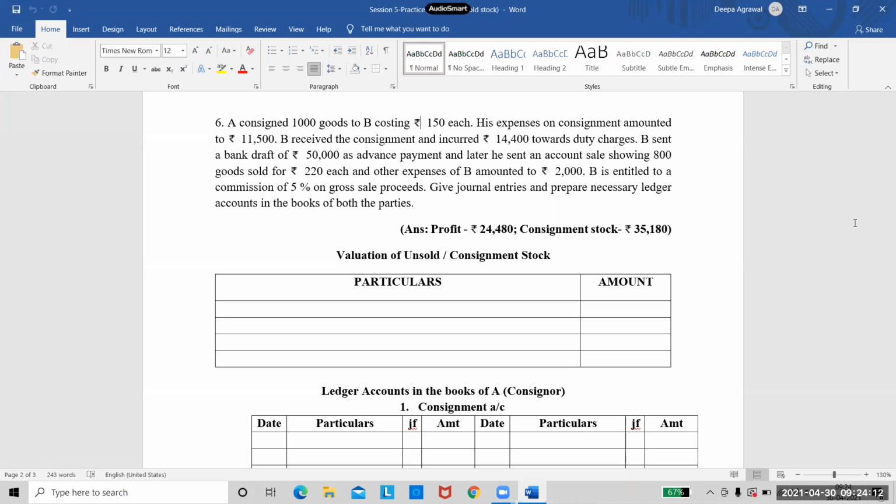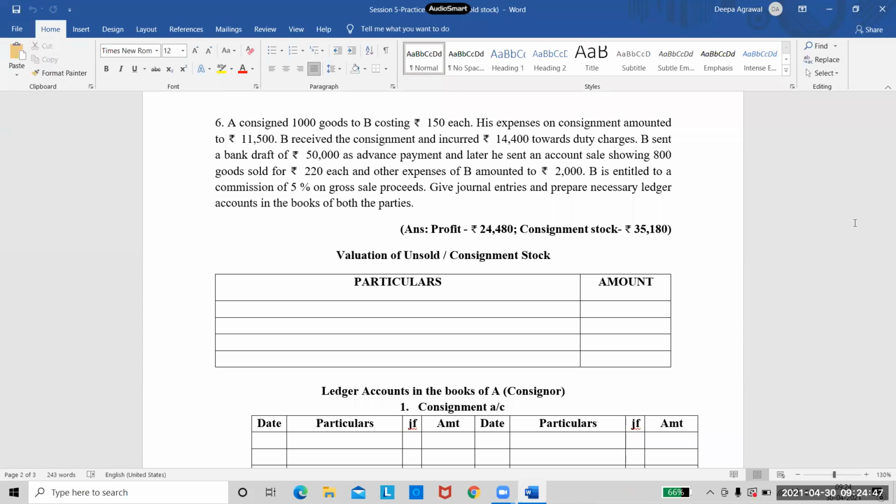I'll repeat. All expenses which have been incurred after the goods have reached the consignee's godown are all recurring.